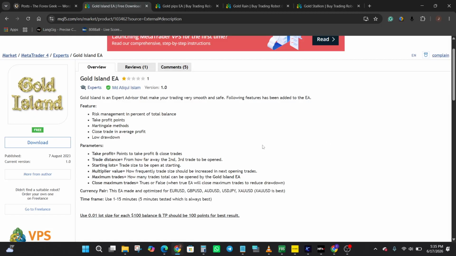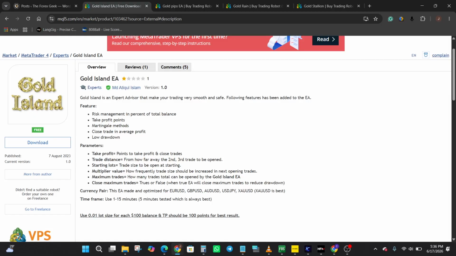The EA also includes a maximum trades parameter, allowing users to define how many positions can be opened in total. In addition, there is a close maximum trades option, which can be enabled to close maximum open positions as a way to help reduce drawdown exposure.